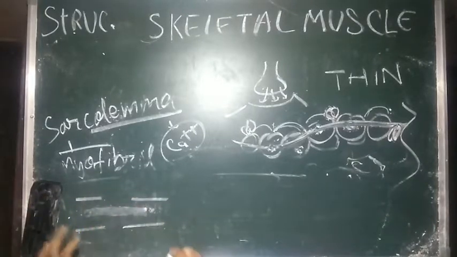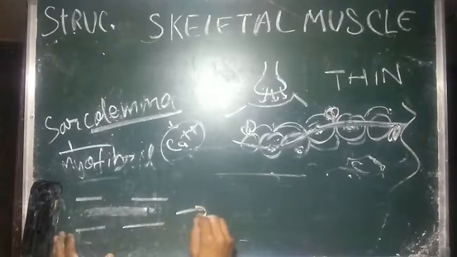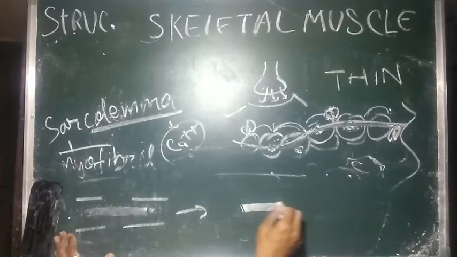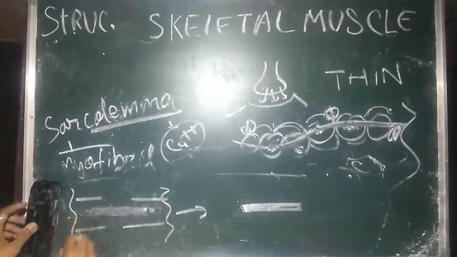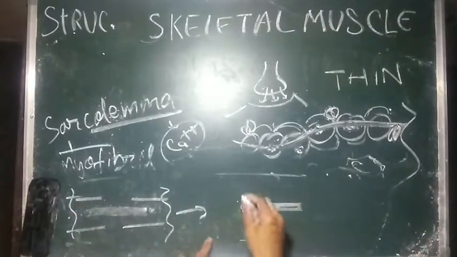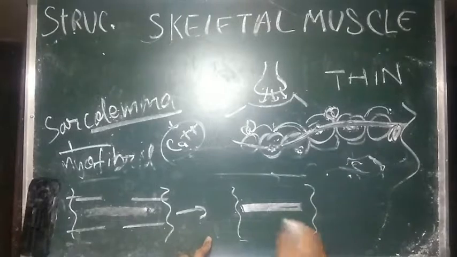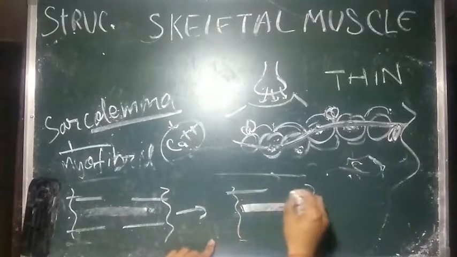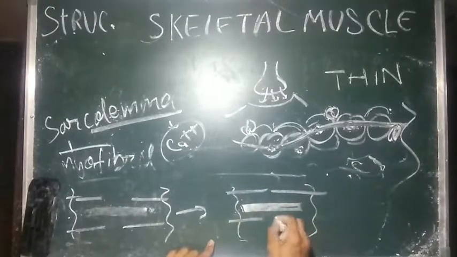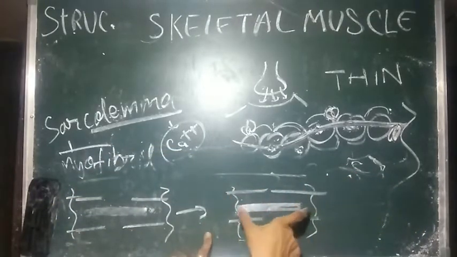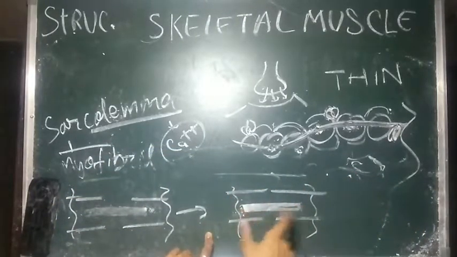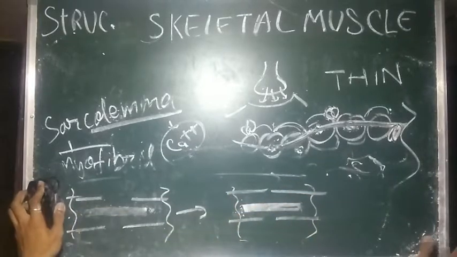This is the original position. Now after contraction, this is the thick filament and these are the Z lines. During contraction, the Z lines come close, and the thin filaments move over the myosin thick filament, and the Z lines come closer.